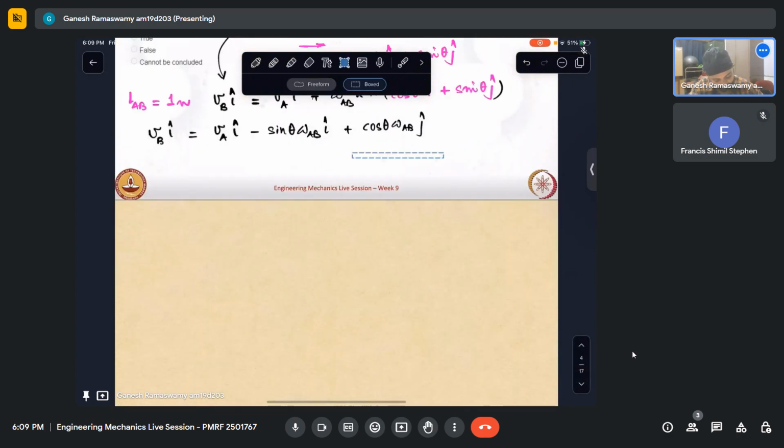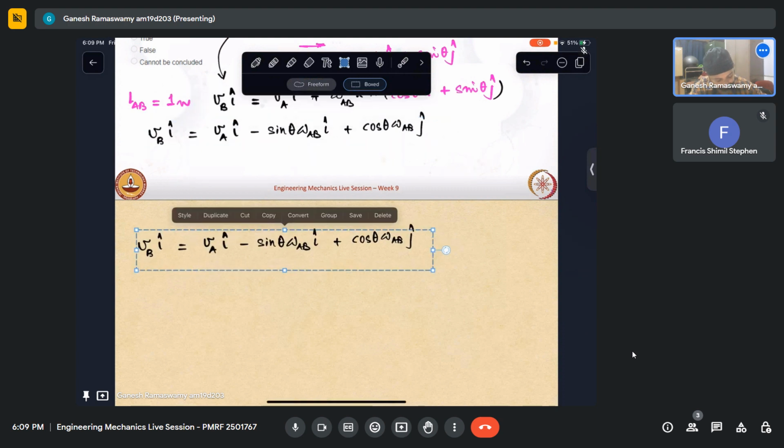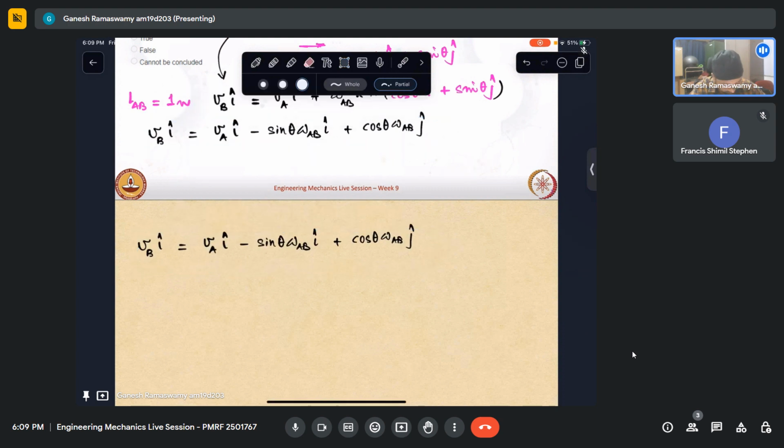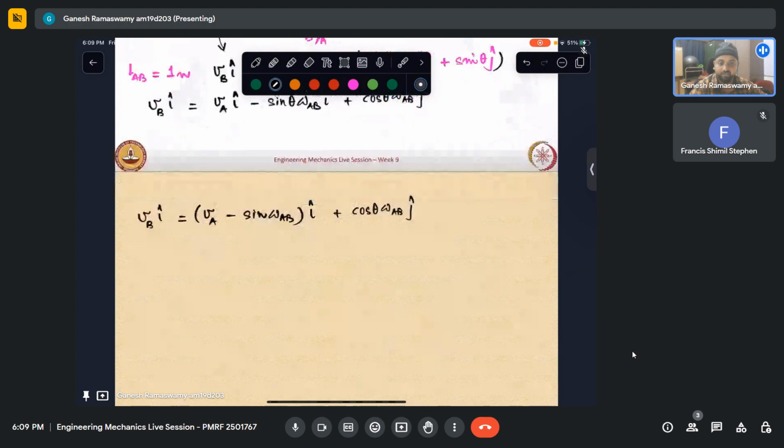Now if I take this again and group the I and j terms, let me write it like that. So it is VA minus sin omega AB I plus something j.